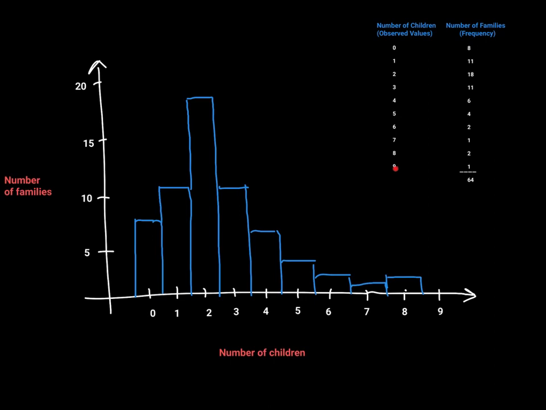Finally, 9 children, only 1 family, and so the same height as before. So this bar has the same height as this bar. Anyway, there's my bar graph, or my histogram, folks. It's really cool. You have probably seen a histogram before because these graphs are easily interpreted, and so they're used very often.